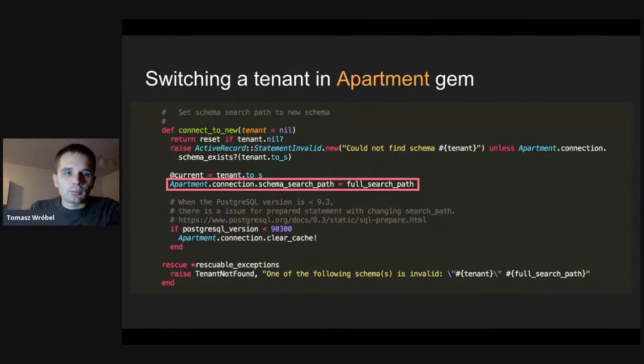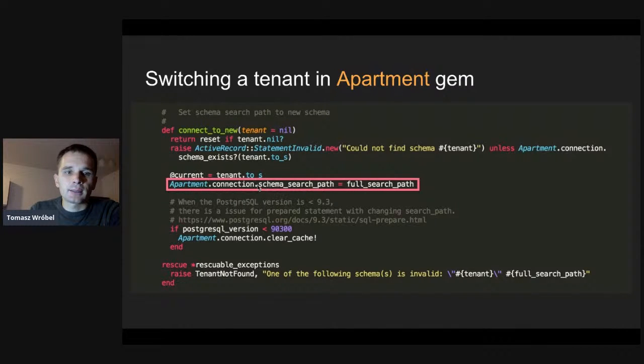Let's have a look at how this works in Apartment. This piece of code is what happens when you switch to another tenant. This is something you typically do when you handle a new request or a new background job. You have to tell the DB what tenant you're going to handle. This is a piece of code that runs.